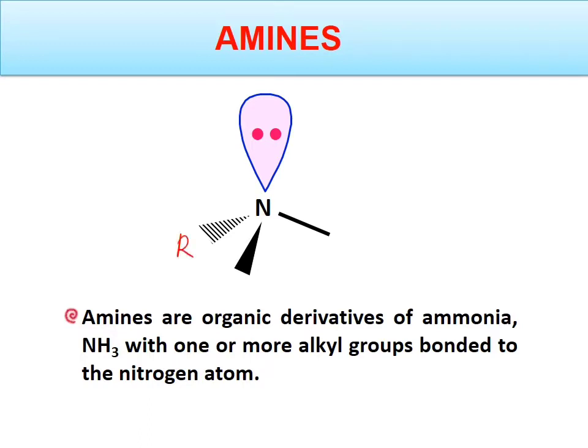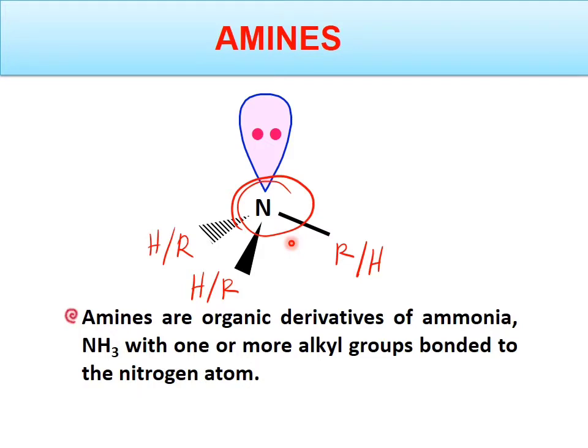So here, what I drew can be R or H. So you need to know that for amine, the nitrogen here can form a maximum of 3 bonds only. Remember, carbon must have 4 bonds, hydrogen 1 bond, oxygen 2 bonds.